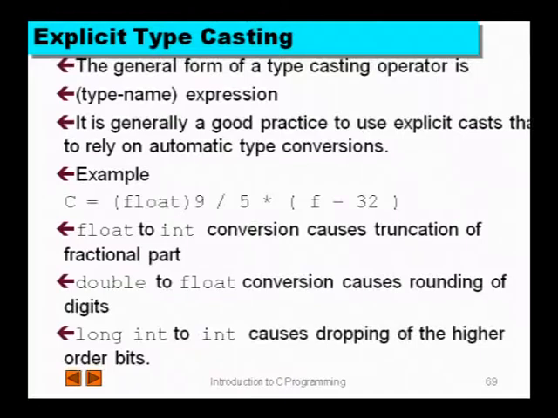It may be float and a particular expression, or in the previous example we have seen it as type integer. It is generally a good practice to use explicit cast rather than rely on automatic type conversion.